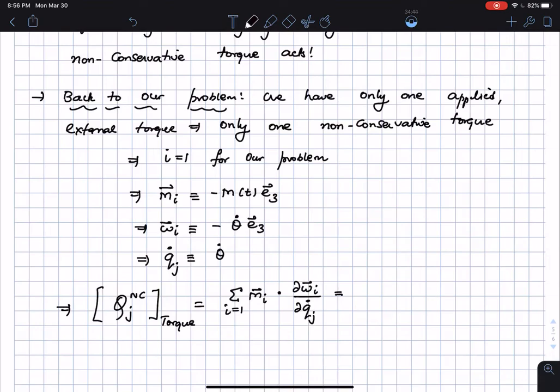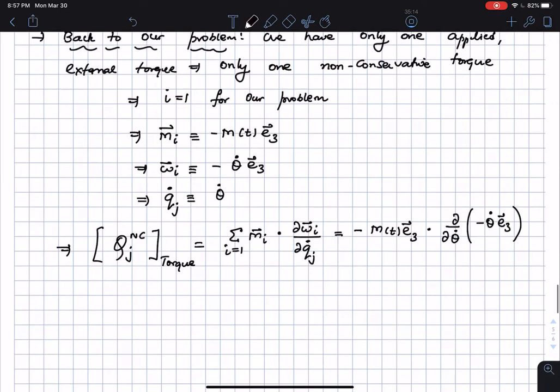For our problem, this is minus m of t e3, which is the direction of the torque that is applied, and then you take the dot product with d by d theta dot of minus theta dot e3.